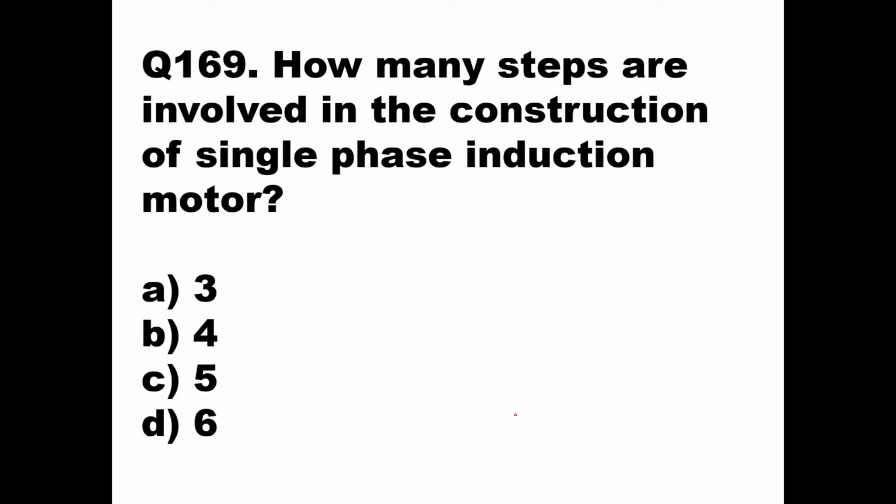Question number 169. It says, how many steps are involved in the construction of a single phase induction motor? So the main steps involved in the construction of a single phase induction motor are five. And which are those five?